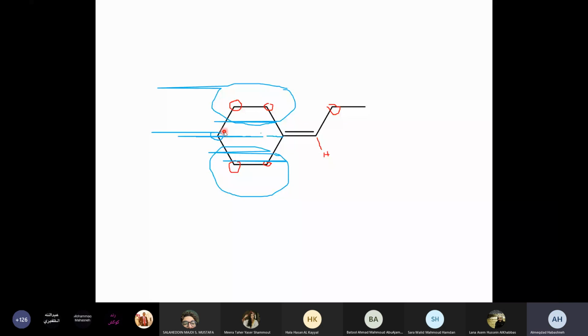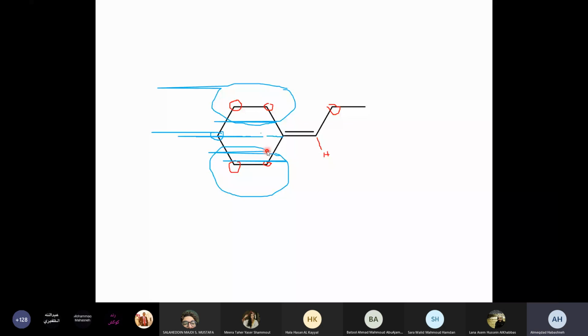This means that this side and this side are symmetric. If the two sides of the double bond are symmetric, it is not a stereogenic center at all.